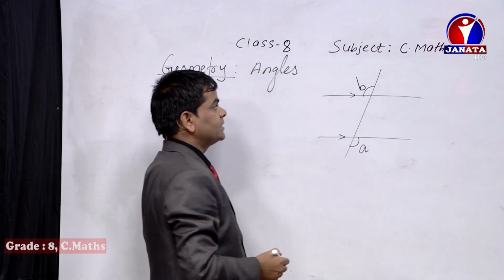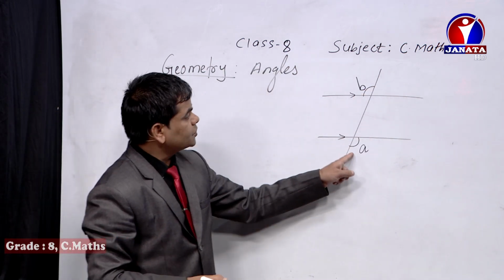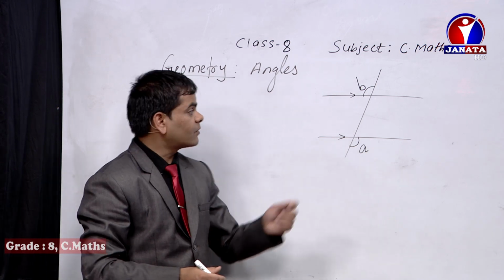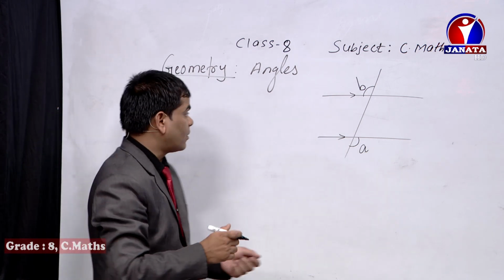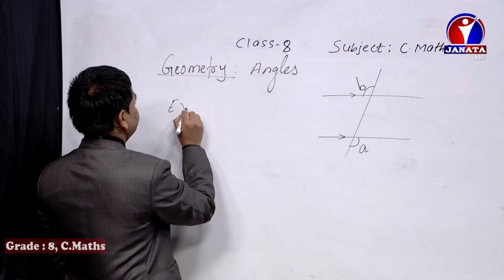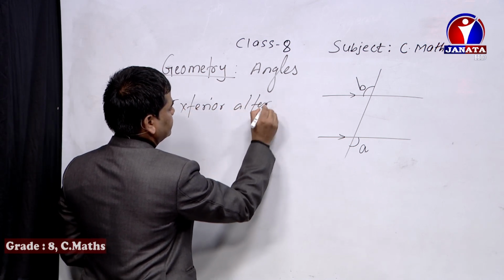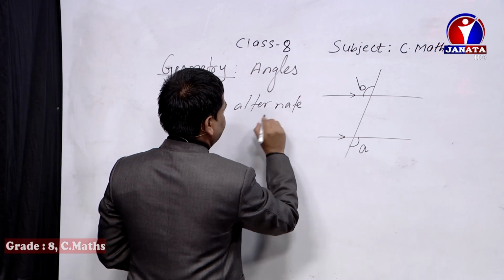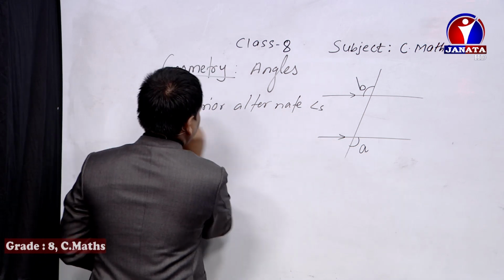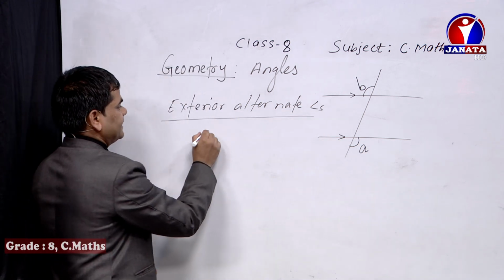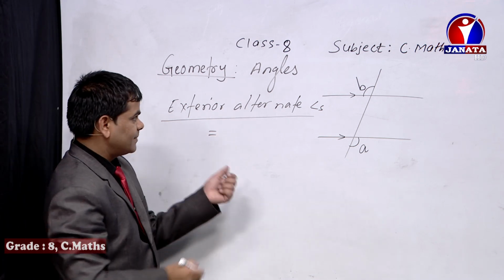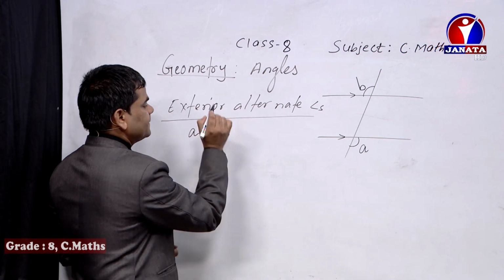Let's call that one B, and both should be outside as we are going to present the exterior alternate angle. So this is the concept of exterior alternate angles, and the relation is they are equal to each other. That means A equals B.